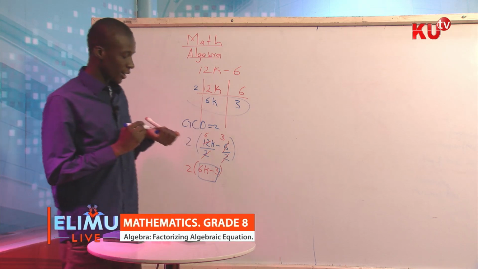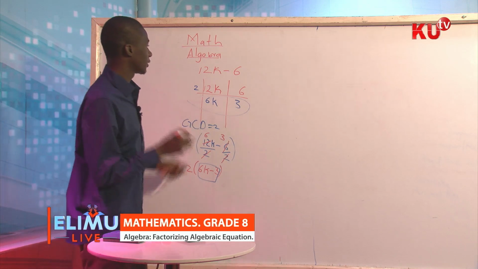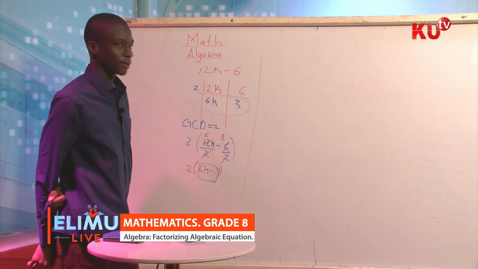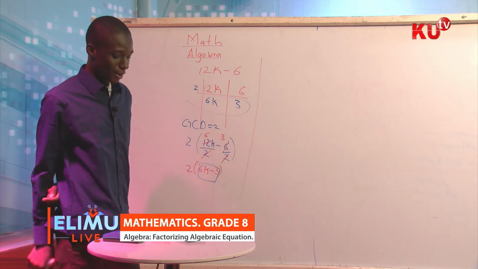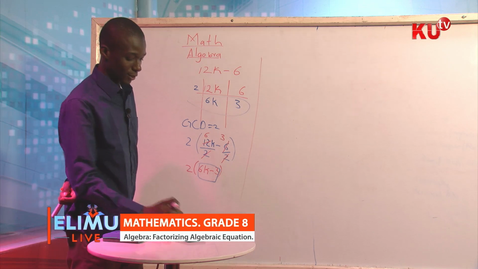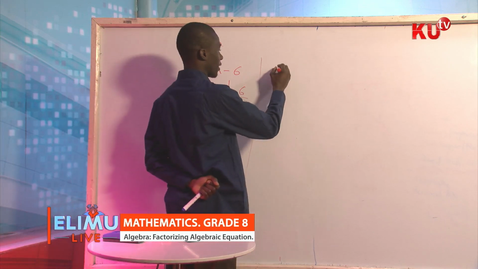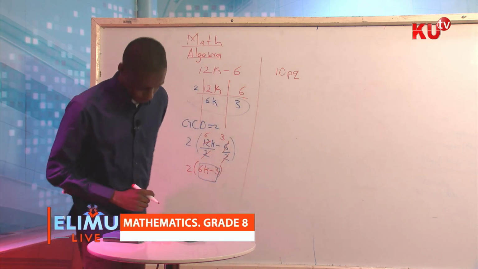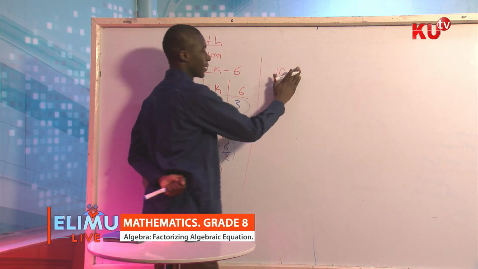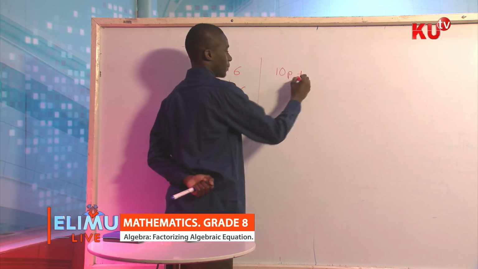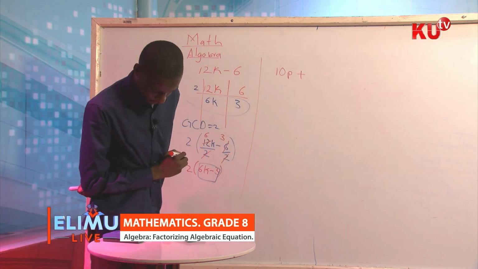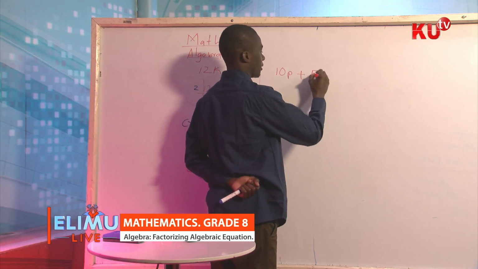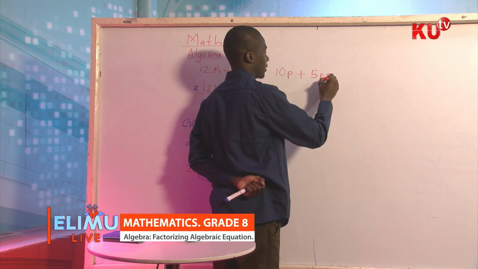With our example 2, we're going to increase the complexity of our expression by introducing more unknowns. We're going to look at an expression of this format: 10P plus 5PQ.